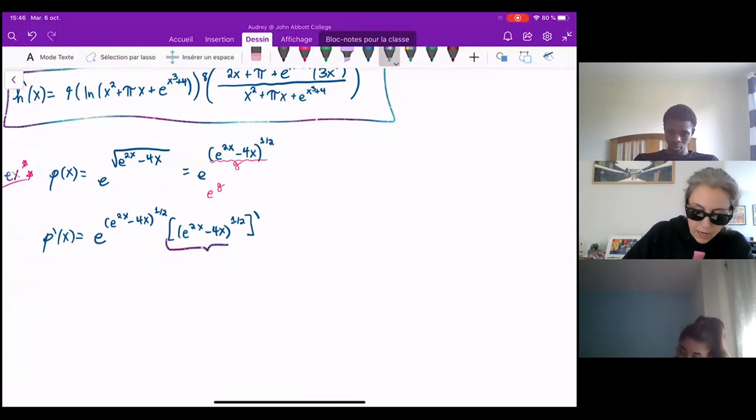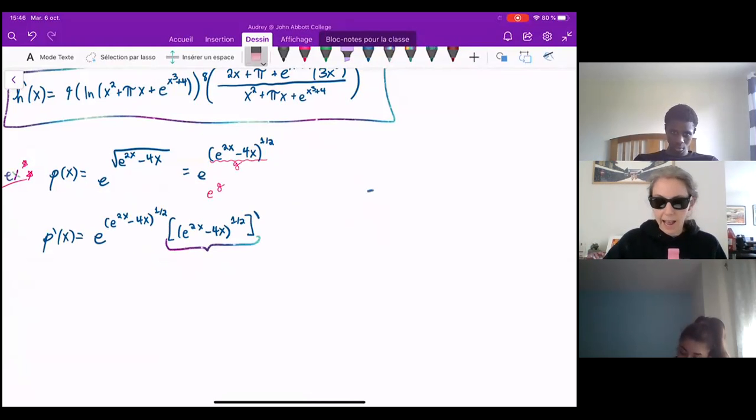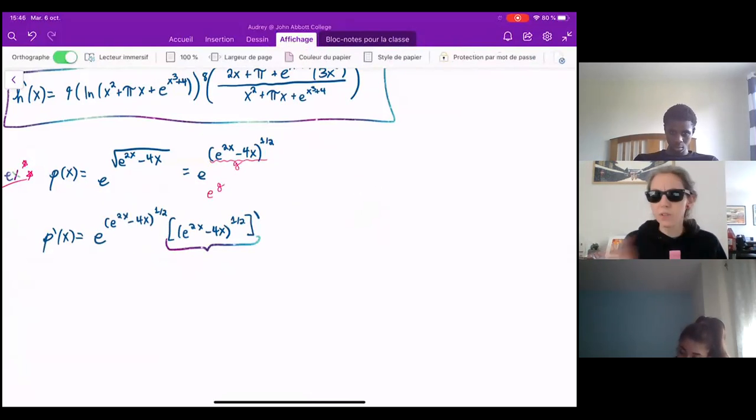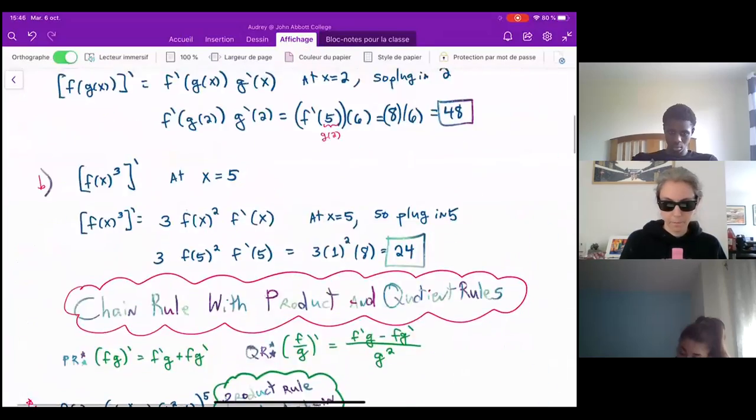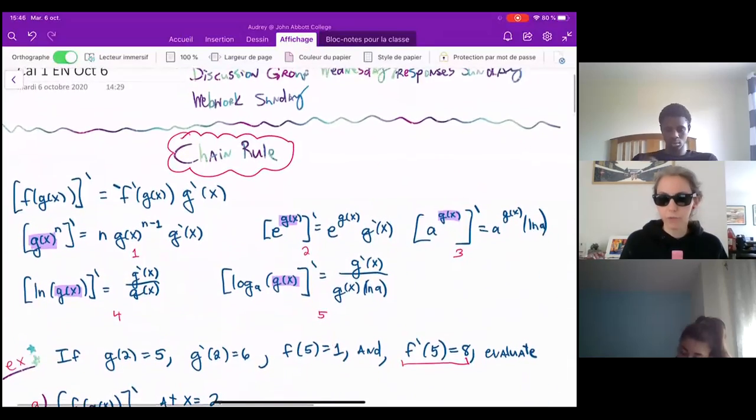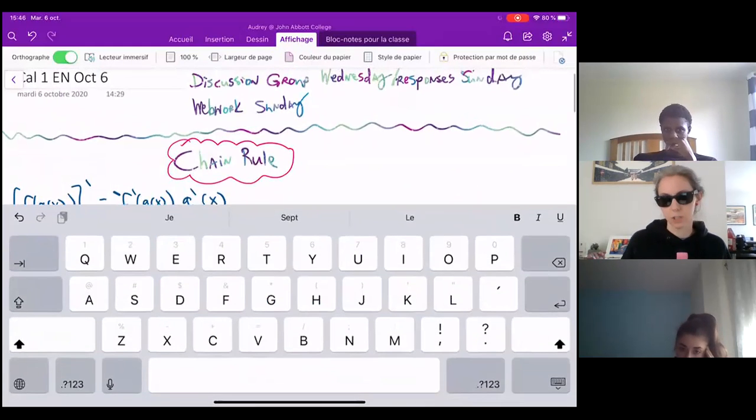So now I'm looking at this, and I'm going to go back up there and see, do I need a product rule or a quotient rule? No, this isn't a product, it's not a quotient. e to the 2x minus 4x to the 1/2.